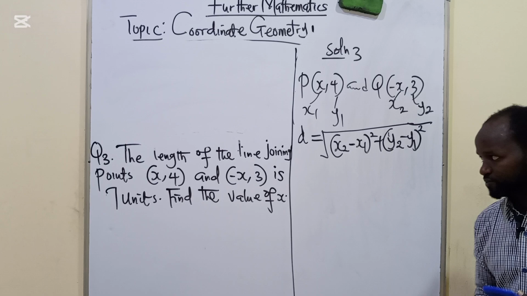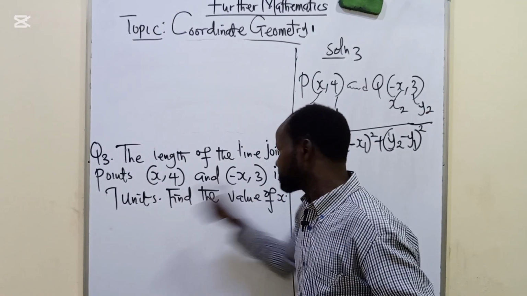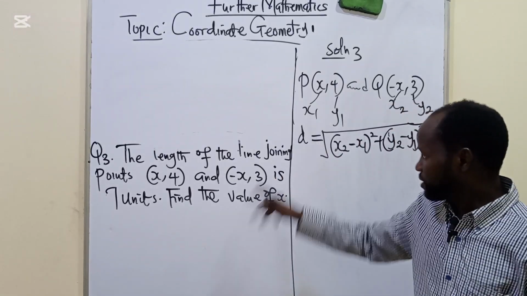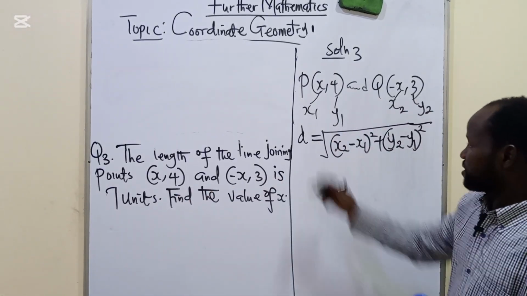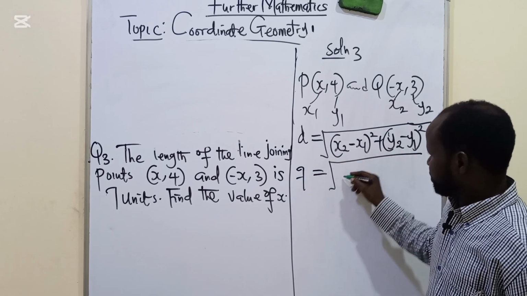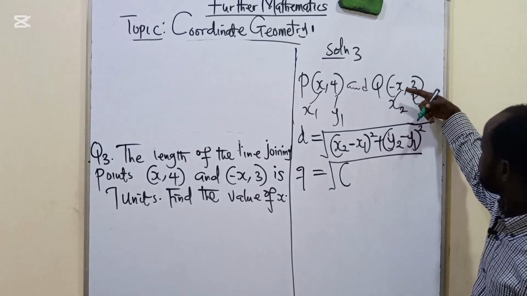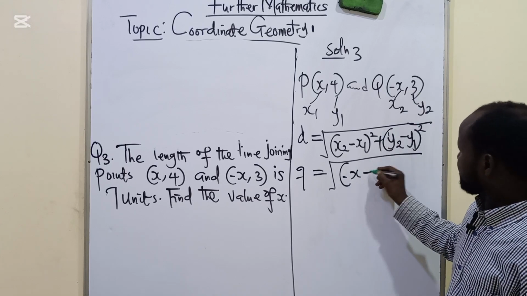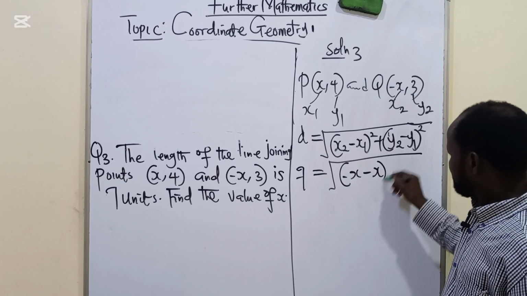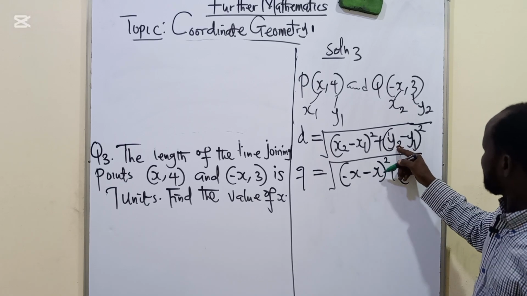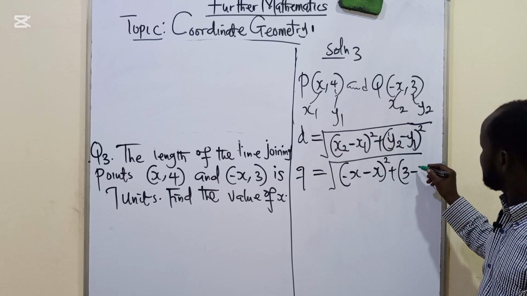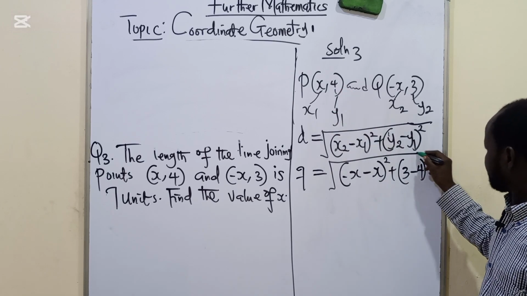So it's just a question of substitution. We know our distance is 7 units, meaning d is equal to 7. So in place of d, we have 7 equals the square root of bracket open x2 here, which is minus x, minus x1, which is x, all squared, plus y2, that's 3, minus y1, which is 4, all squared.